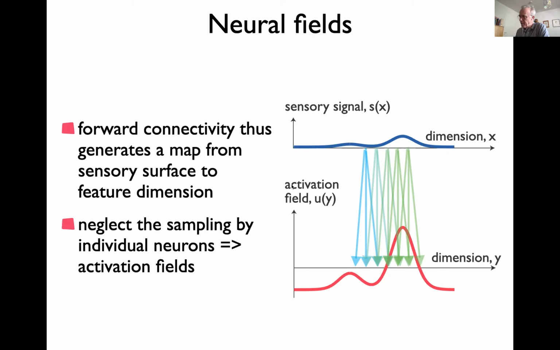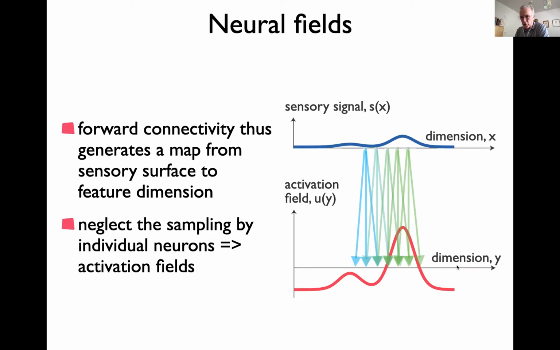So when I talk about an activation field, I'm talking about a pattern of activation over a space, and I'm describing that space as a function of some other space that another population is about in an architecture, or some sensory space, or then also some motor space, and mapping this dimension onto that dimension without keeping track of the exact connectivity pattern.